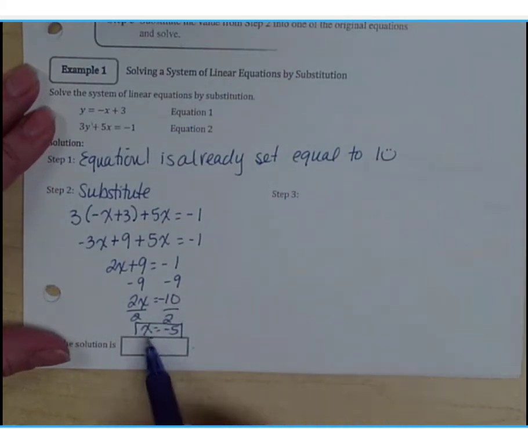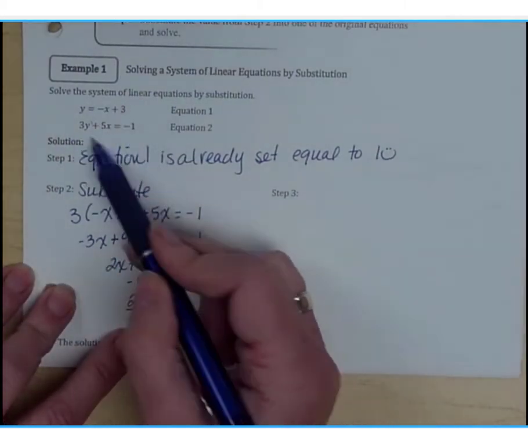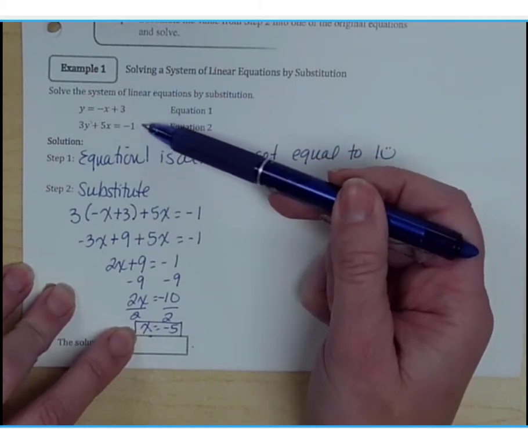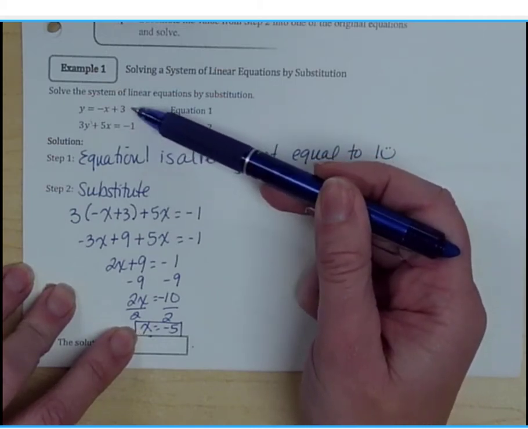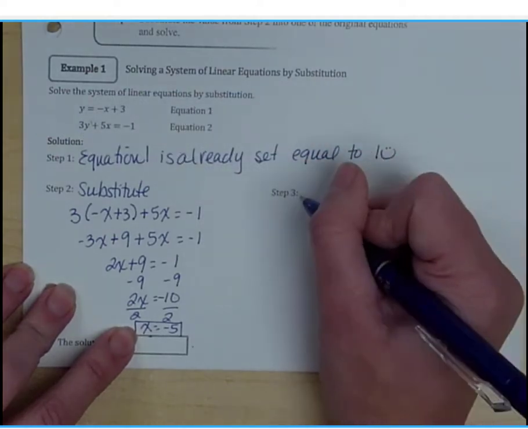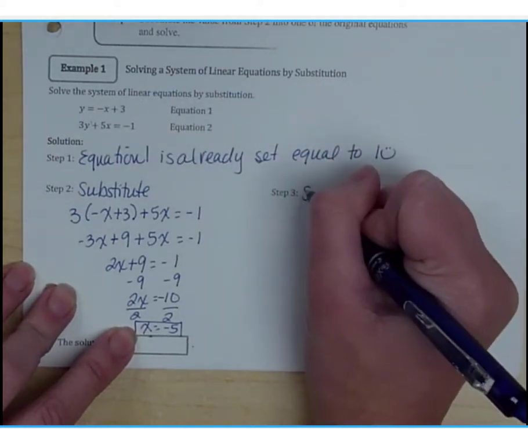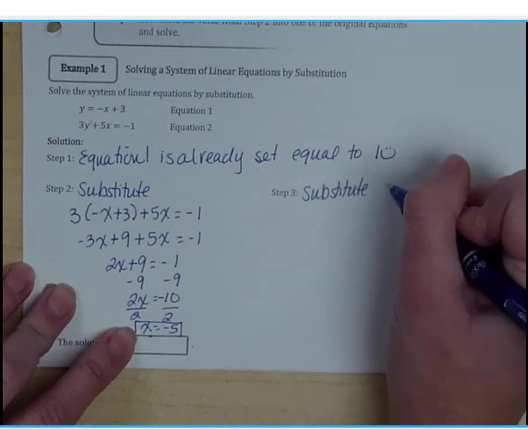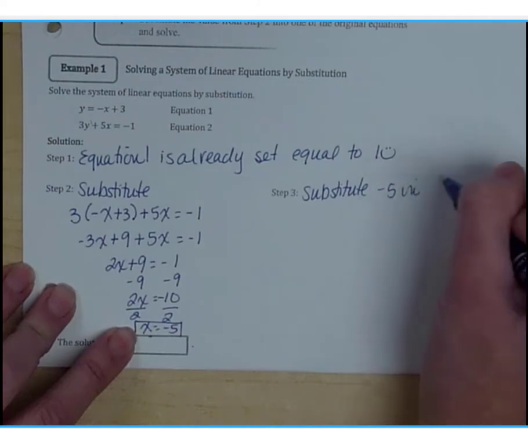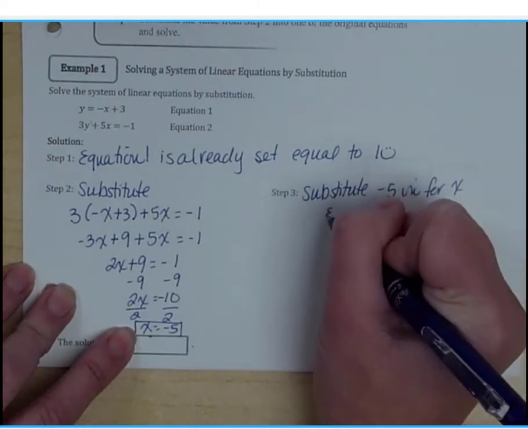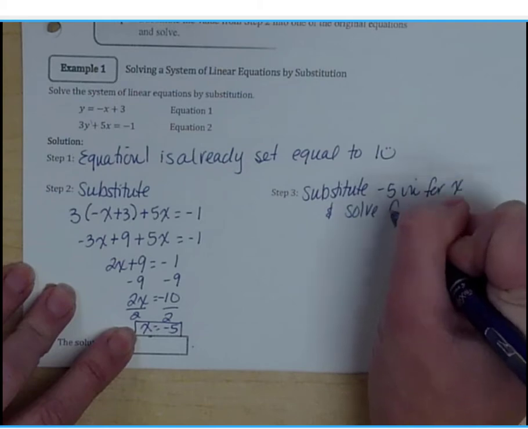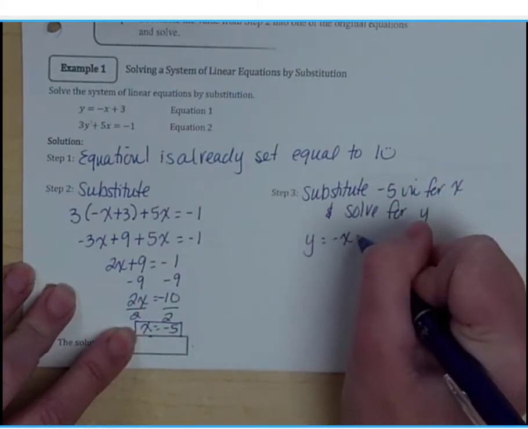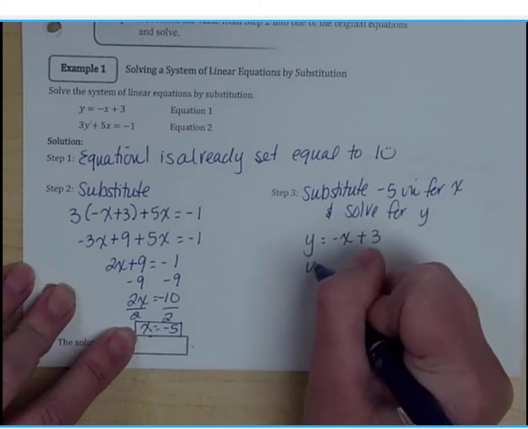Now that I know what x is, I'm going to substitute x in for one of these equations. Now I have two options, the first equation or the second equation. I'm going to use the first since it's already set equal to y. So my step 3, I'm going to substitute again. Substitute negative 5 in for x and solve for y. So I have y equals negative x plus 3, replace my variable.